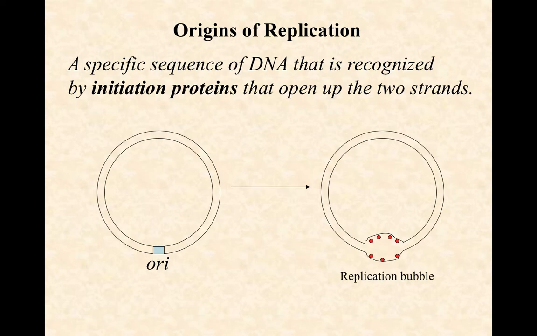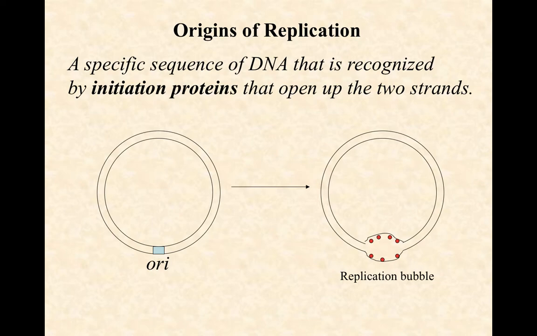When the cell, quote unquote, decides through signals that it's time to replicate its chromosome, it's going to express these initiation proteins through gene expression processes, transcription and translation. They will immediately seek out and bind to the origin of replication sequence, and by binding, they're going to disrupt the base pairing of the base pairs in that sequence.